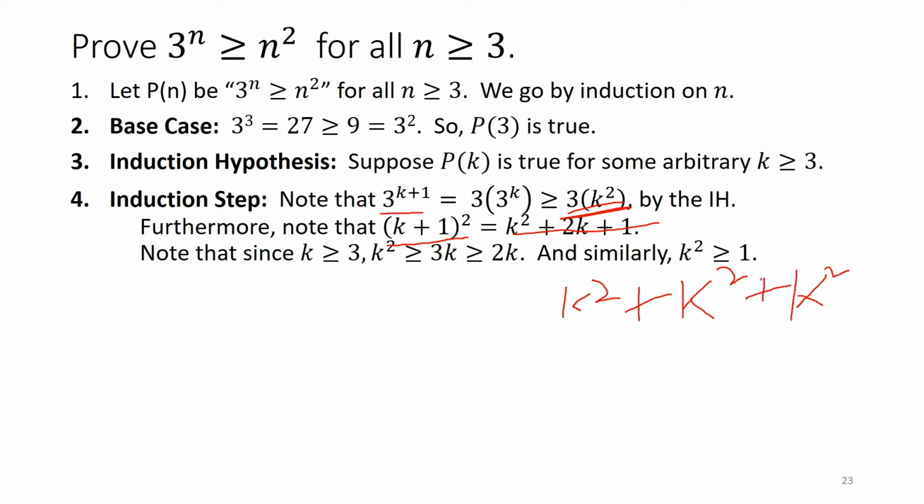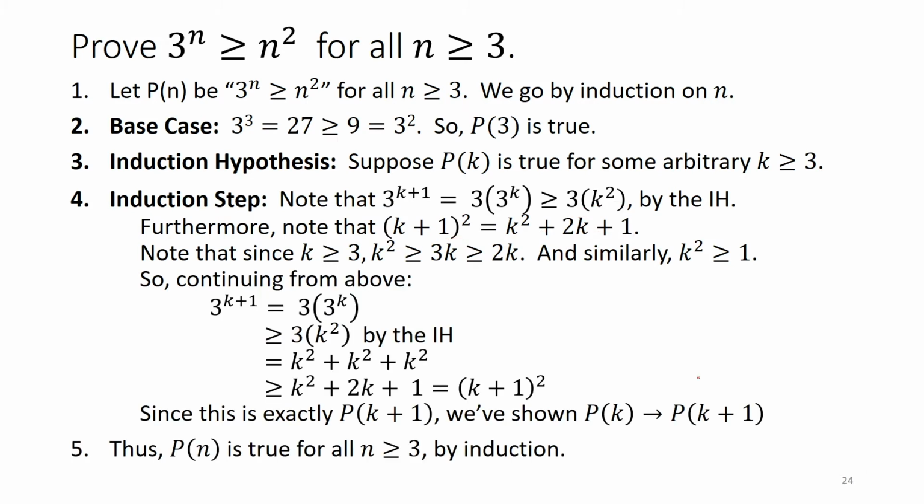Compared to this, it will be larger than that because k is greater than or equal to 3. Equal to 3. So this is 6. If that is 3, but this is 9. It's greater. And this is 1. Definitely 3k squared is greater.